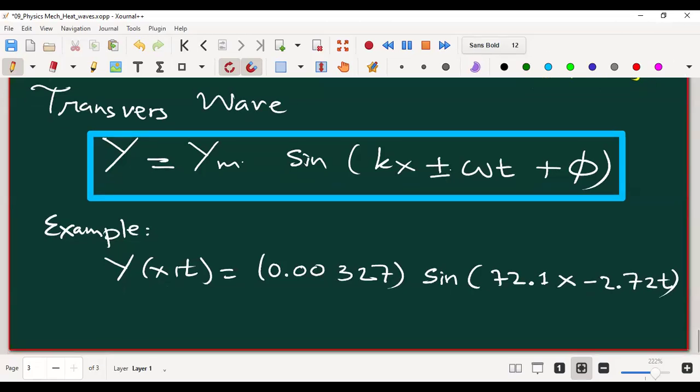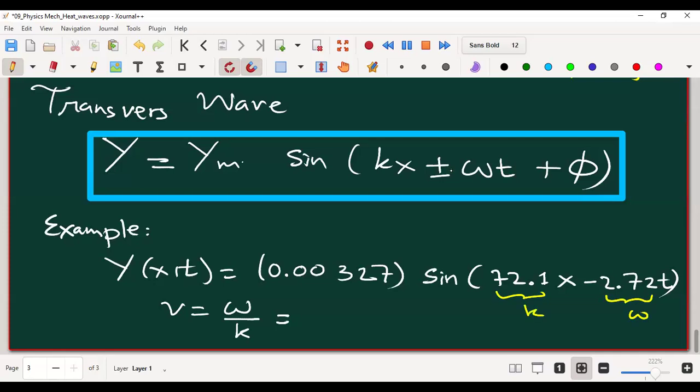So you can find the velocity of the wave. v is equal to omega per k. Yeah. So what is the omega here? Omega is this one, right? This one is omega, and this one is k. Okay.